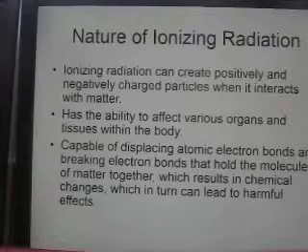The nature of ionizing radiation, again, it can be positively or negatively charged, depending on how it's interacted with. It has the ability to affect various organs and tissues in the body, and it's capable of displacing atomic electron bonds and breaking the electron bonds that hold molecules together, which results in chemical changes, which in turn can lead to harmful effects in the body.